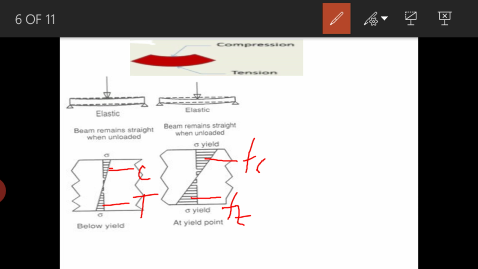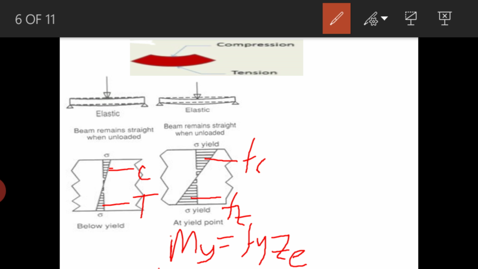At this stage, the moment carried by the beam is known as yield moment, and that yield moment My is equal to Fy into ZE.